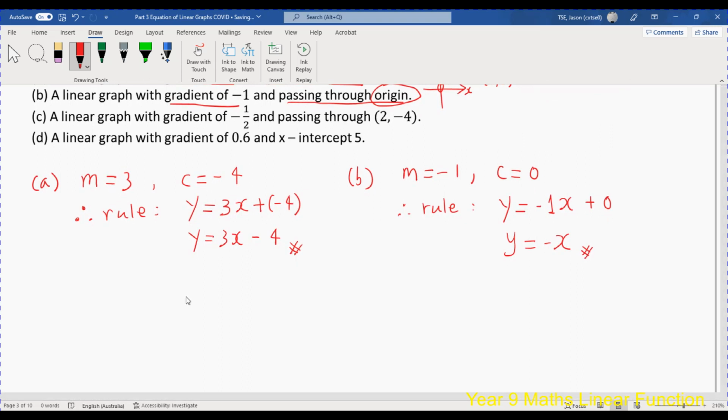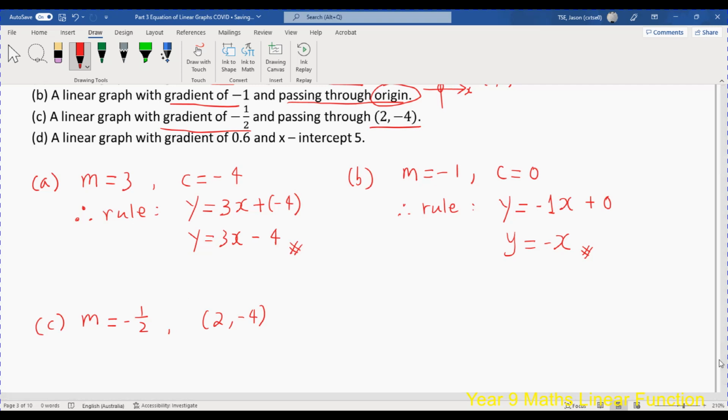For C and D, they become more difficult. First, for C, a linear graph with gradient -1/2 and passing through the point (2, -4).